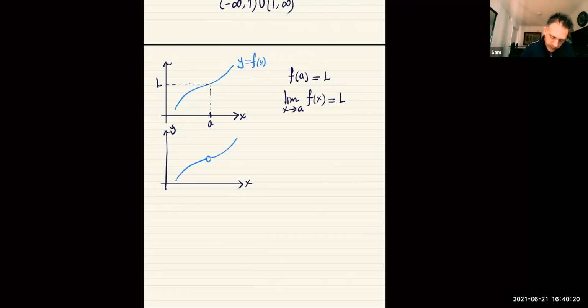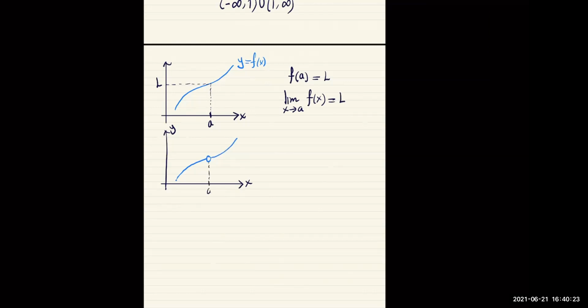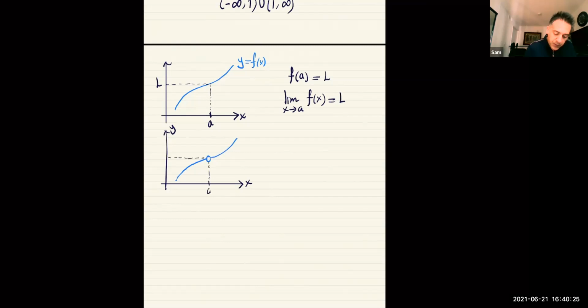Let's say this is A, and the y value at that point would have been L. Here, f of A does not exist, but the limit is L. The limit as x goes to A of f of x is equal to L. This relates to the examples that we have been looking at.